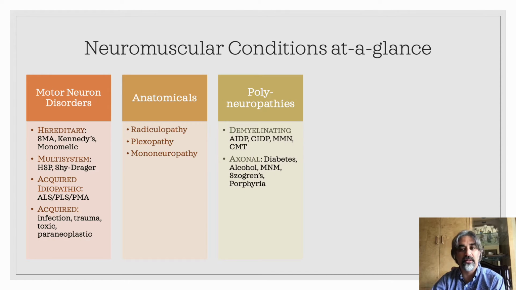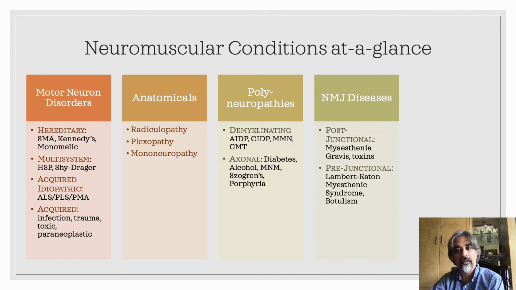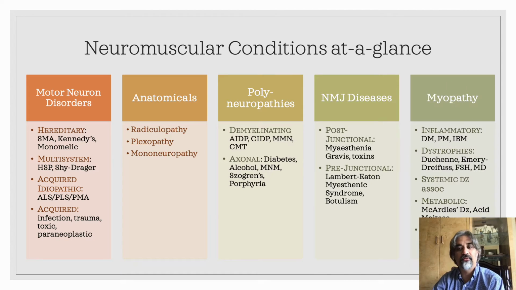Then polyneuropathies are next, which can be further subdivided as axonal or demyelinating. Neuromuscular junction disorders such as Lambert-Eaton, botulism, and myasthenia gravis. And finally, muscle pathology of different causes. If you feel lost when someone mentions SMA or IBM, I would suggest memorizing this slide as a starting point to alleviate the confusion associated with the laundry list of classifications.